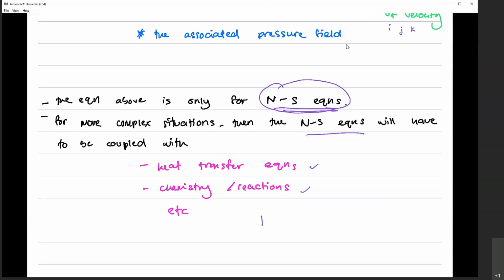So for fire, we need the Navier-Stokes equations as well as the energy equations, plus the heat transfer equations. So now we have to couple other equations along with the Navier-Stokes to solve that particular problem. That's just to show how powerful the equations are. Basically, the Navier-Stokes equations are exclusively for the fluid flow. Other than that, we need to couple them together.